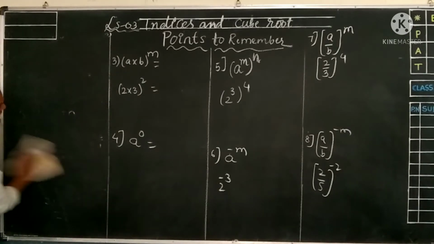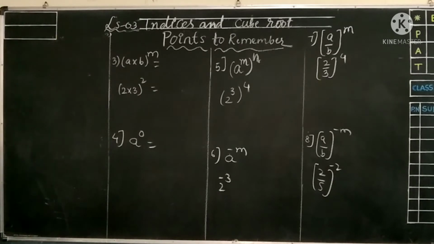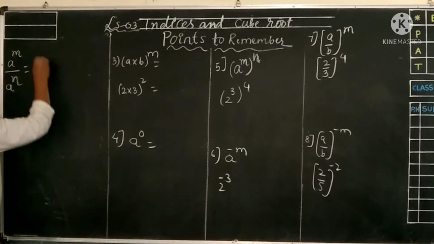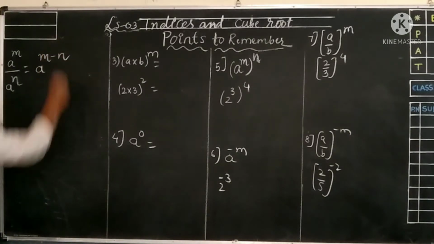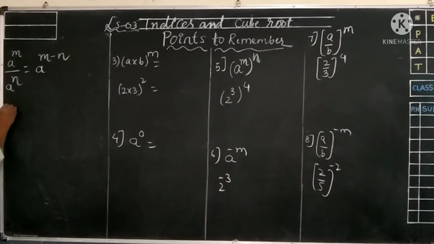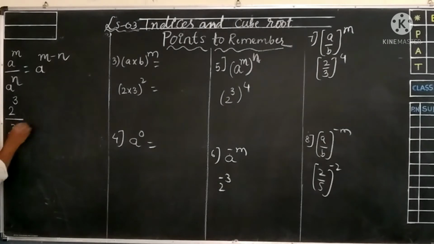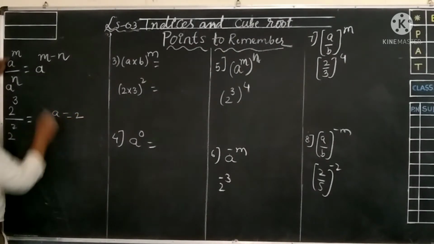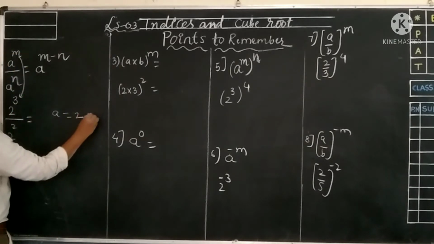Next, the second law of indices. We write a raised to m upon a raised to n is equal to a raised to m minus n. Therefore, 2 raised to 3 upon 2 raised to 2: here a value is 2 and m value is 3.